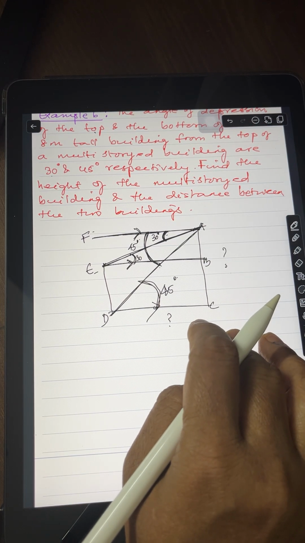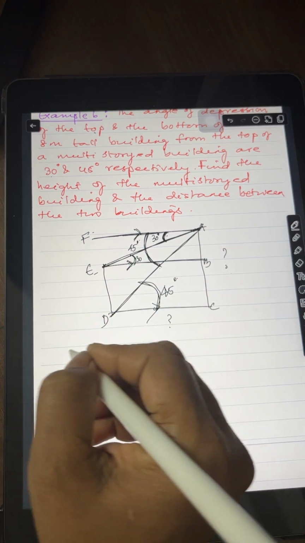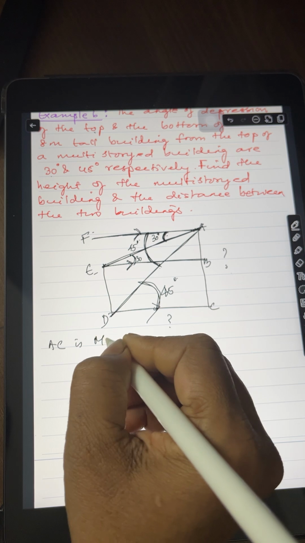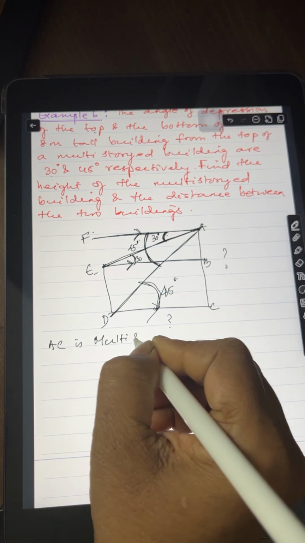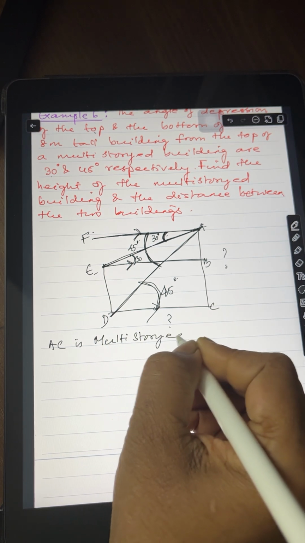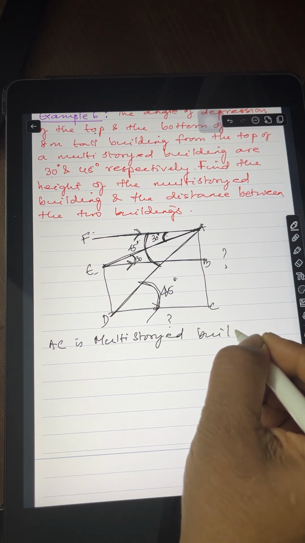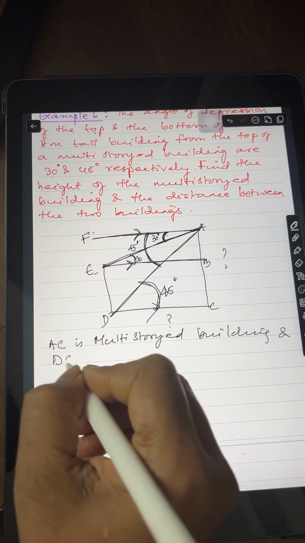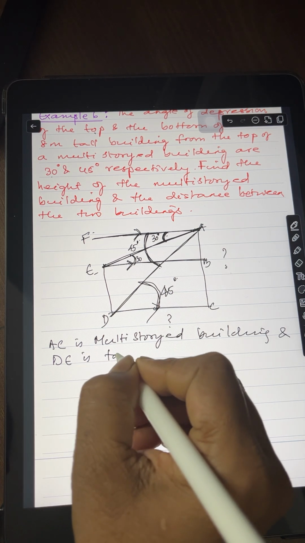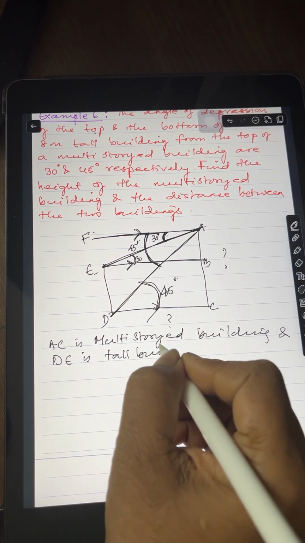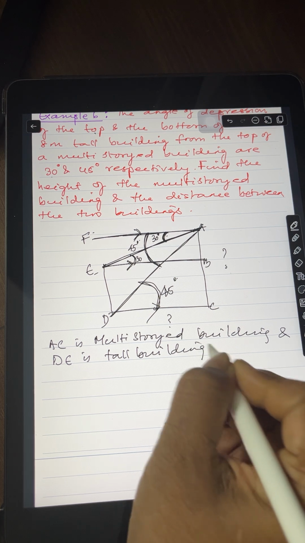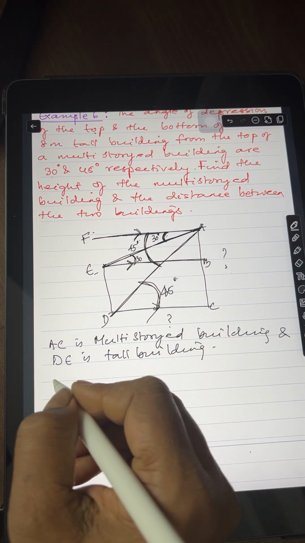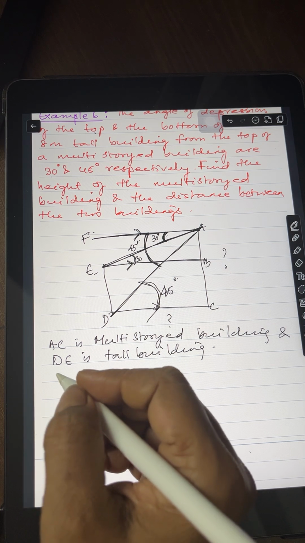First, write that AC is the multi-storied building and DE is the tall building. So these two are clear. Now, the angles of elevation and depression are both angles of depression only.